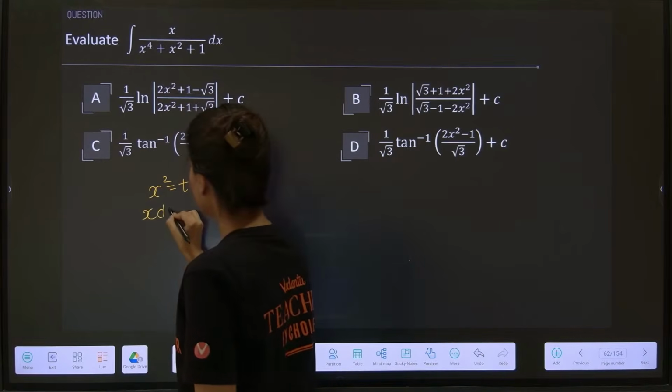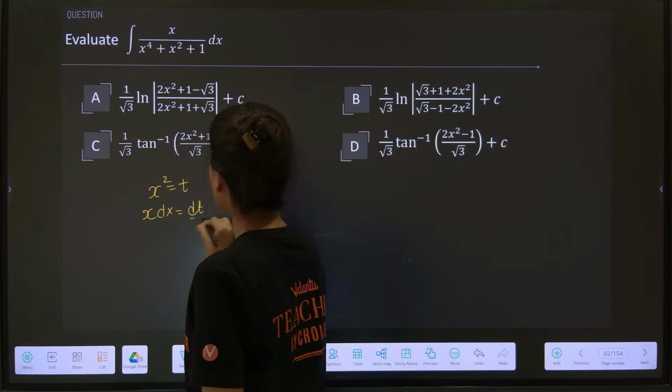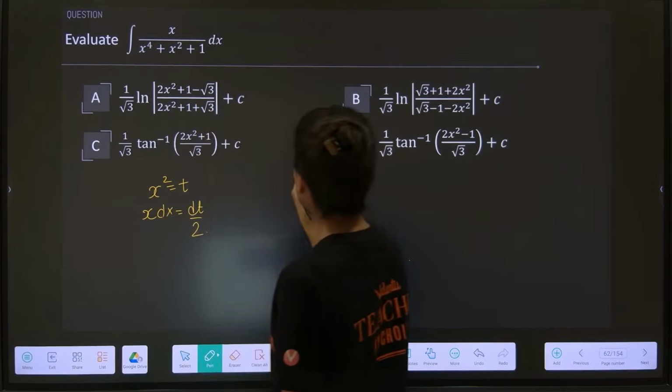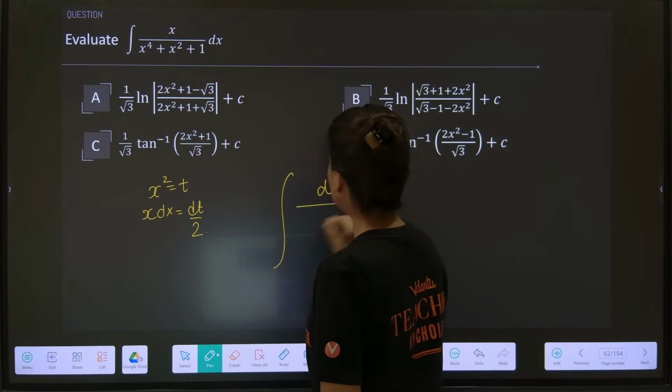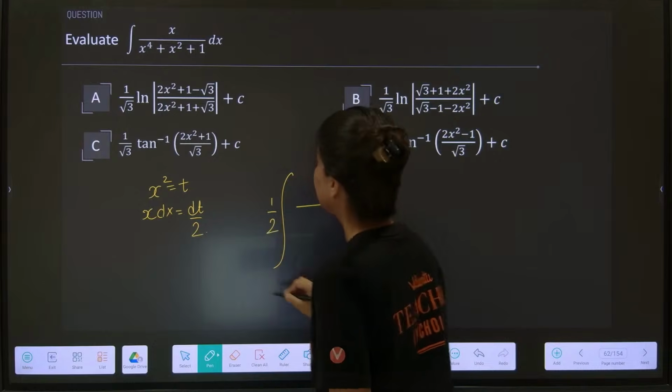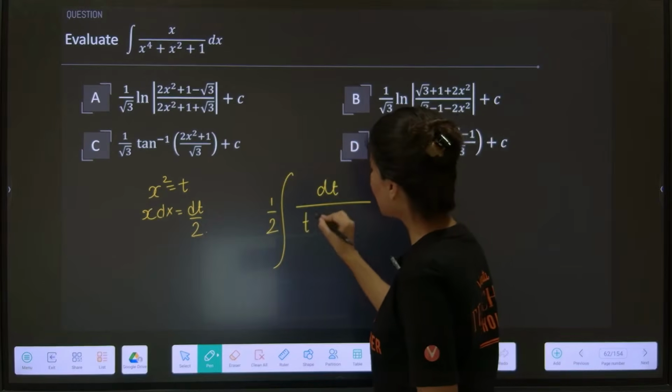So integration of x dx, dt upon 2, and this is going to be t square plus t plus 1.